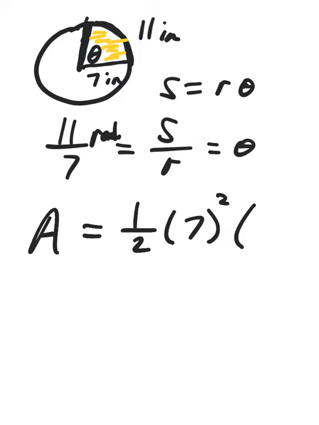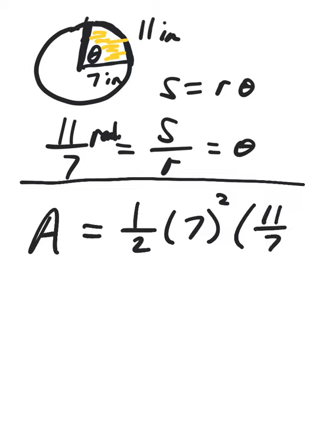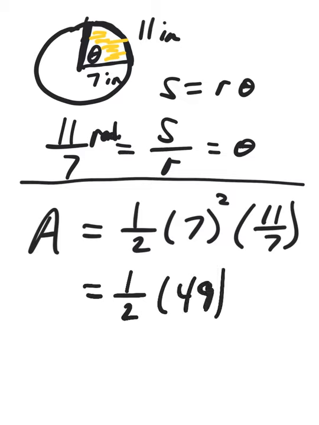Well, we just found the central angle in the step above, so we can sub in 11/7. This is going to be 1/2 times 49 times 11 over 7.